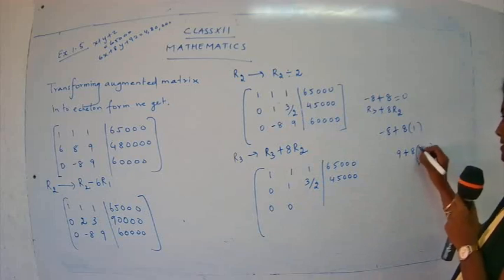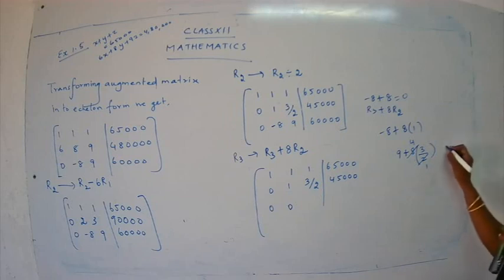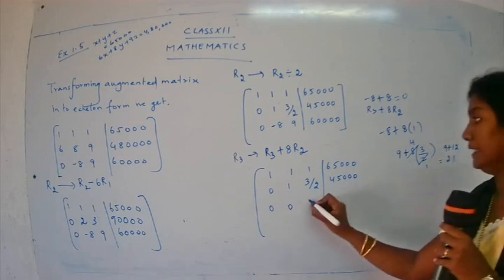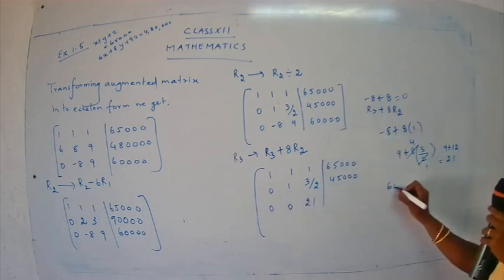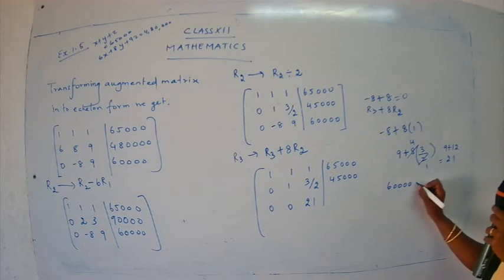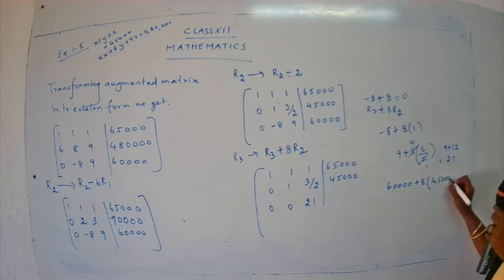So 8 times 3 by 2 is 12. So you have here 9 plus 12, that is 21. Follow for this, 60,000 plus 8 times 45,000.